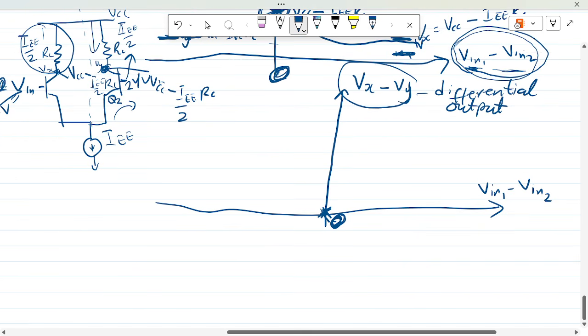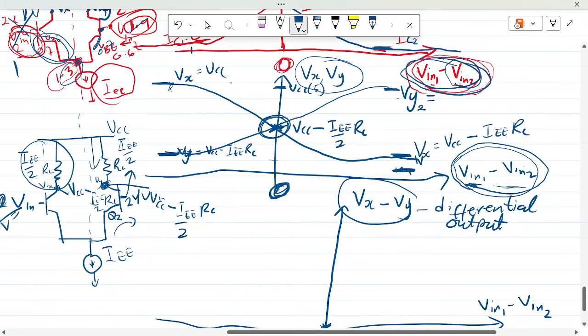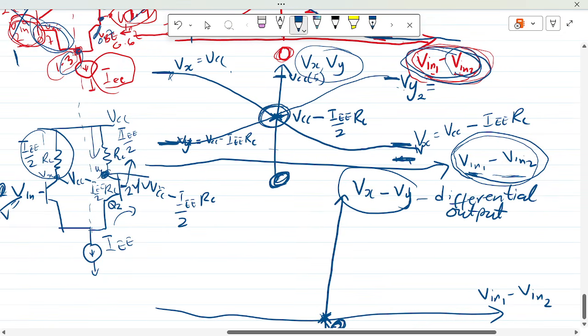Okay, but what if the differential input is positive enough? What happens to the differential output? So you are going to get a value here, Vx. Then we subtract Vy from it, and that should be a negative value. Remember, Vy was VCC.